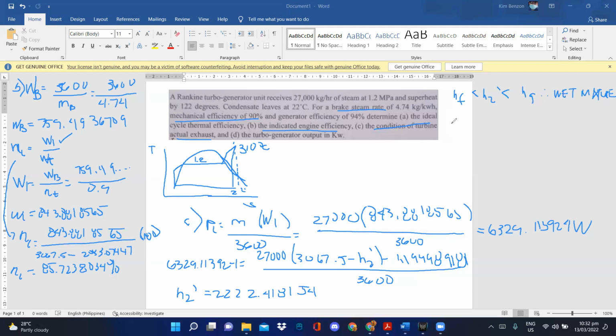So kung siya ay wet mixture, you're going to find the quality ng X. That quality ng X yun yung turbine exhaust.